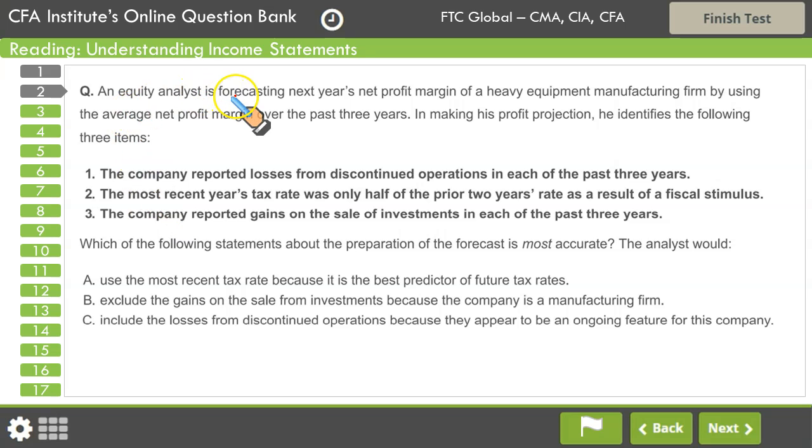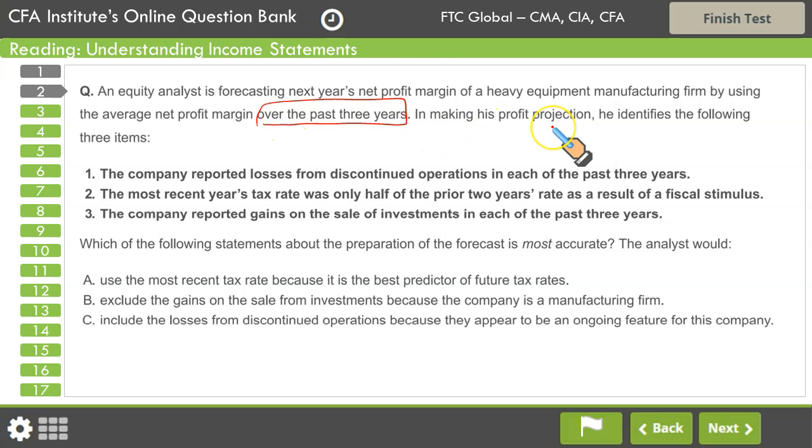An equity analyst is forecasting next year's net profit margin of a heavy equipment manufacturing firm by using the average net profit margin over the past 3 years. Okay, so you are basing your future forecast over the last 3 years' profit margins.